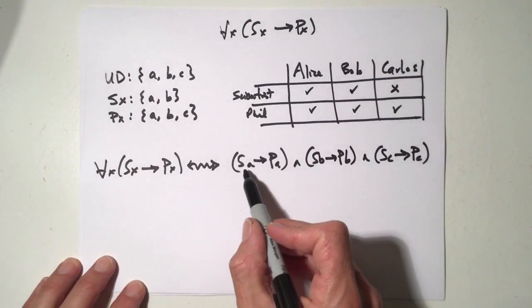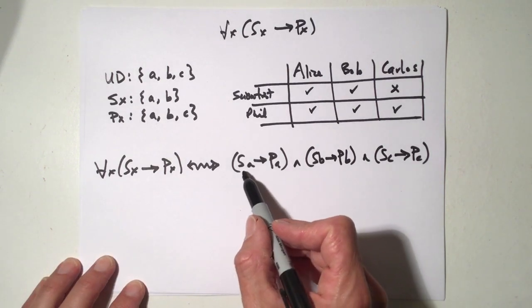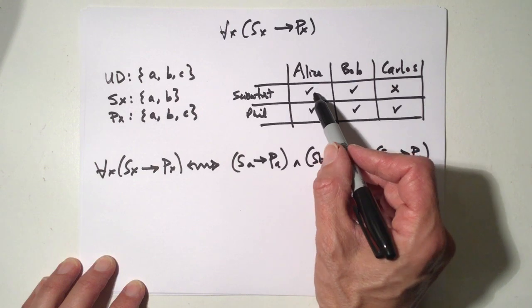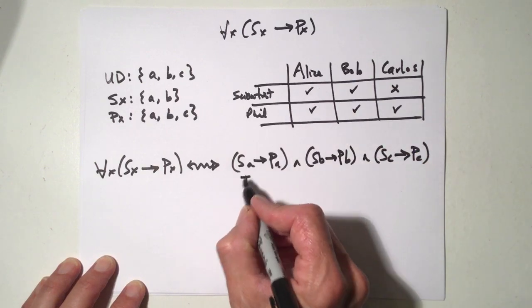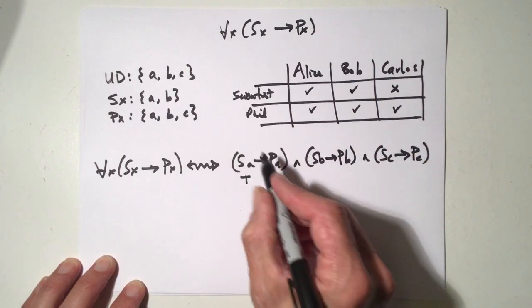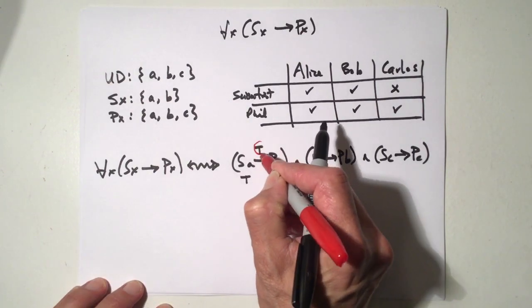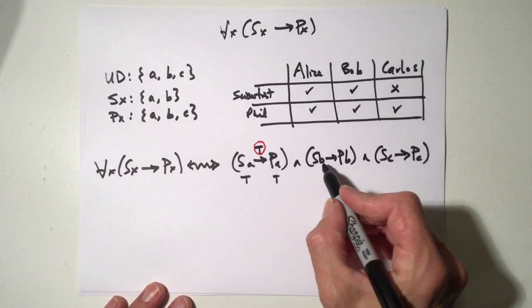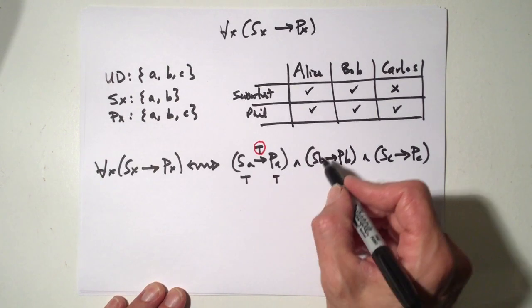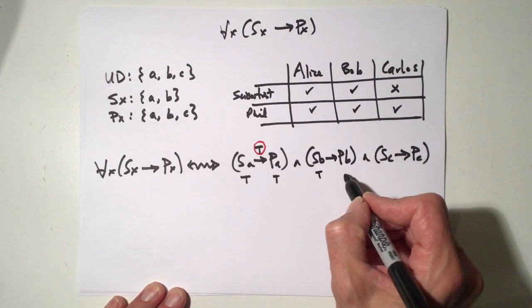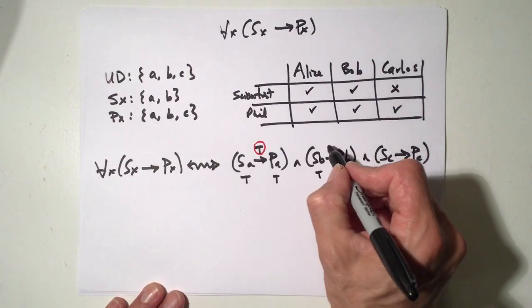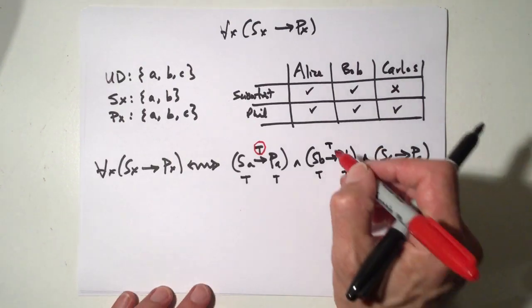So, is SA true or false? Well, is it true or false that Alice is a scientist? It's true that Alice is a scientist, and it's true that she's a philosopher, so this material conditional is true. What about the next one? Is it true that Bob is a scientist? Yes. Is it true that he's a philosopher? Yes. So this material conditional is true.